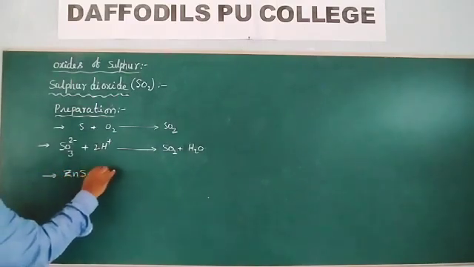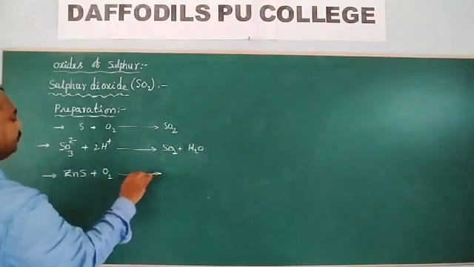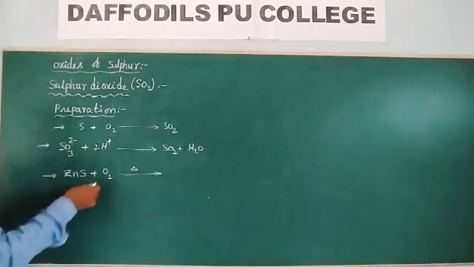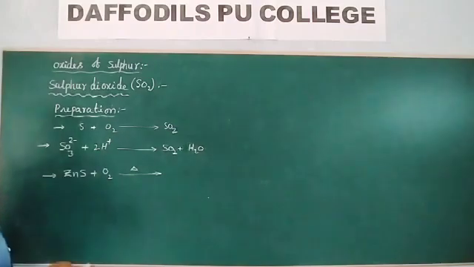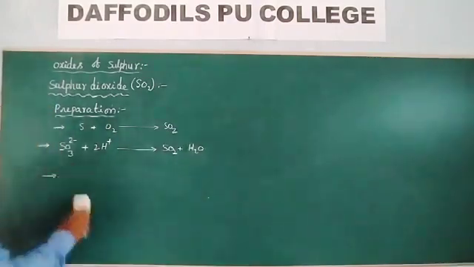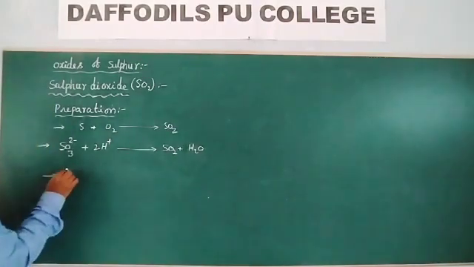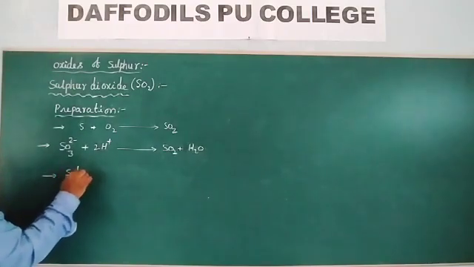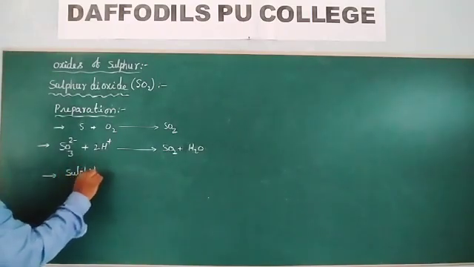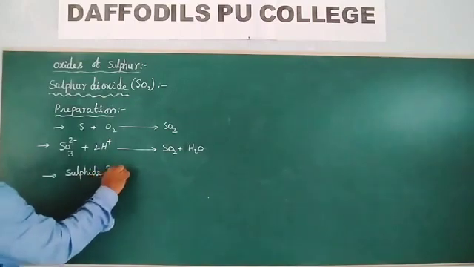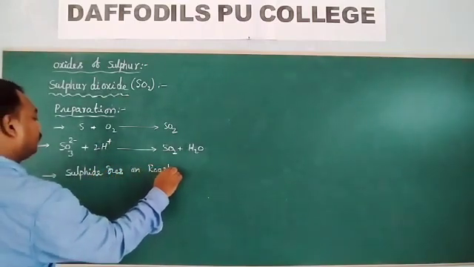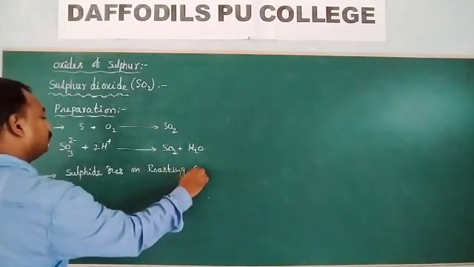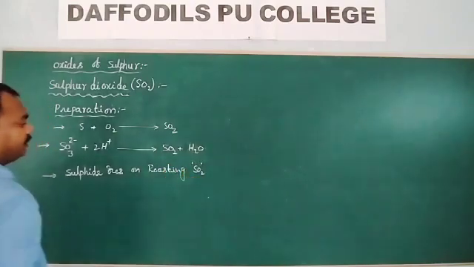When zinc sulfide is burned with oxygen, that means sulfide ores on roasting, SO2 is obtained.